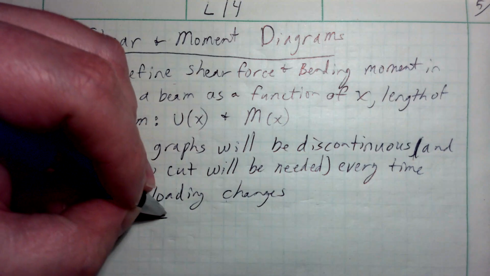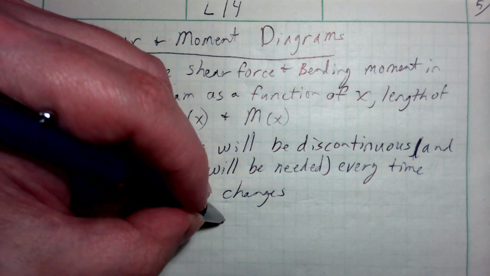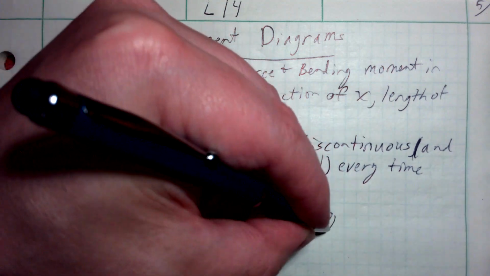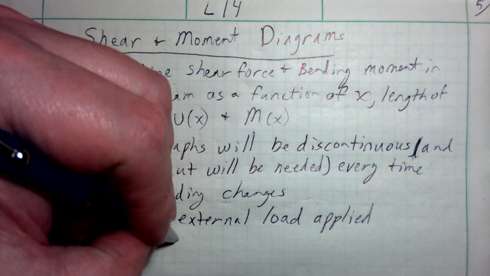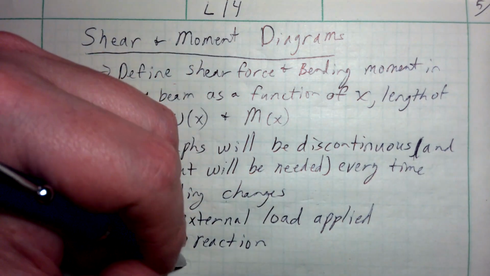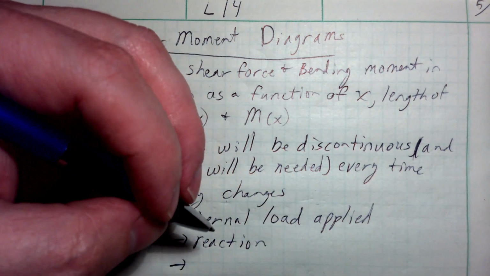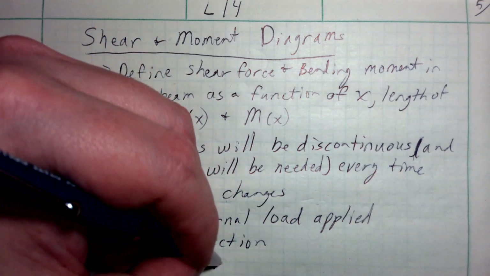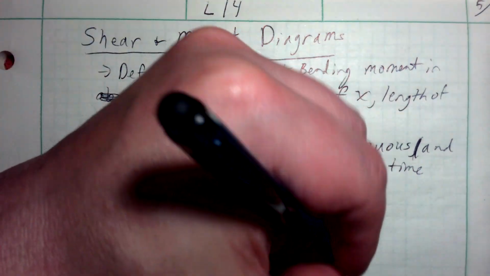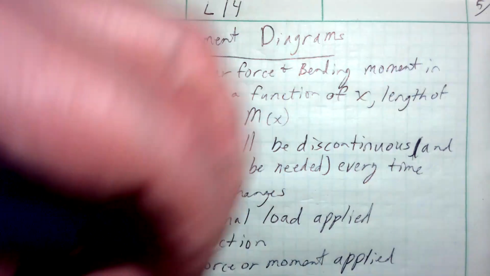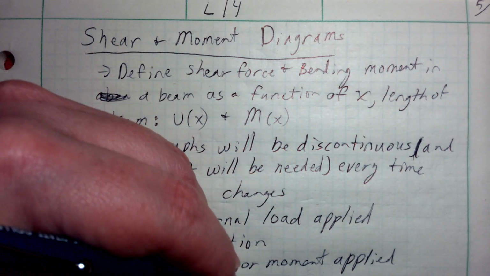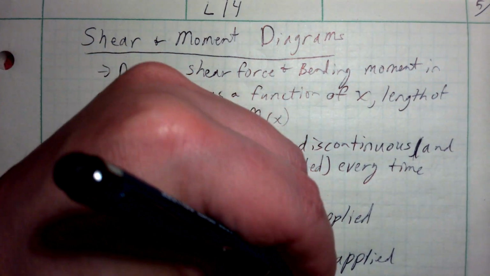Now, what causes a loading change? Well, it can be an external force, or let's just say an external load applied. Those can be everywhere I've got a reaction, whether it's a force or a moment, everywhere I've got a force or moment applied along the beam, and also a change in a distributed load.